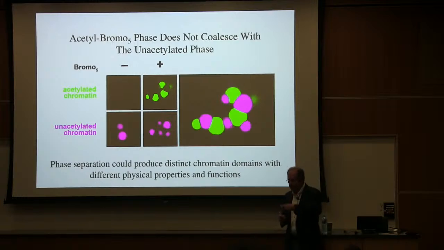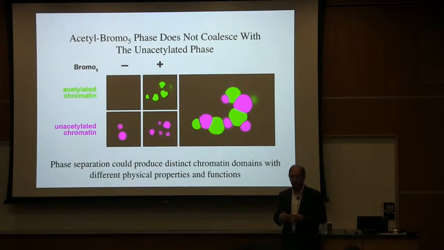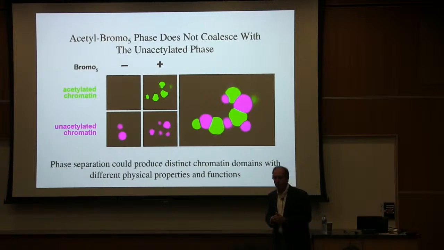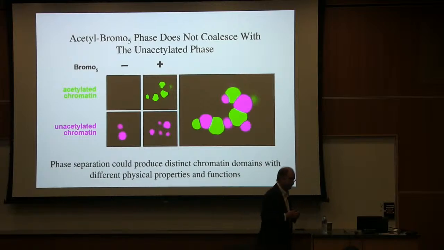And so it gives us things that we are currently pursuing. Again, my postdoc Brian is currently pursuing in my lab, and also he's moving to St. Jude to start his own lab this summer to try to understand whether this physical incompatibility between these different kinds of phases really could contribute to the distinctions between, say, euchromatin and heterochromatin in cells.